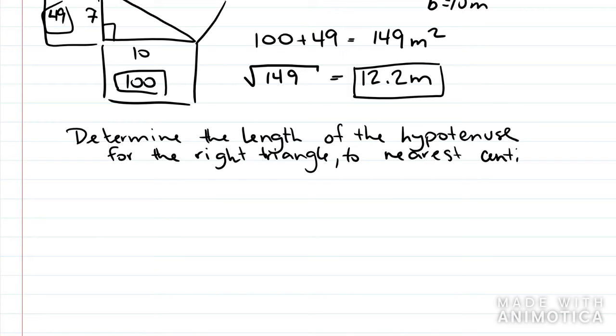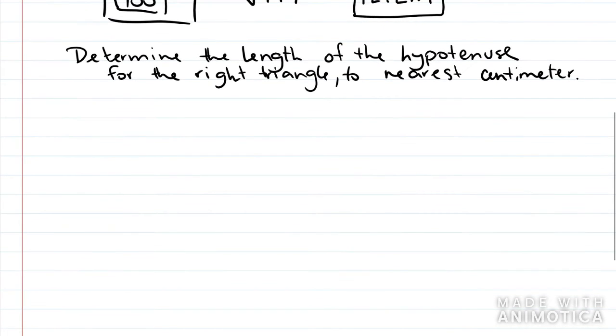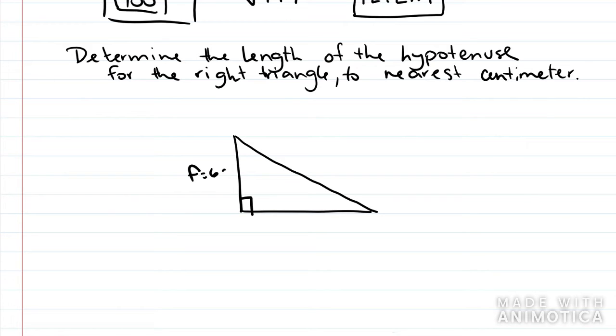So we're looking for a whole number here. And your drawing is going to be F equals 6 centimeters, G equals 10 centimeters, and you are trying to find H. Like I said, pause the video, see if you can figure it out on your own, and then keep playing to make sure that you got it right.